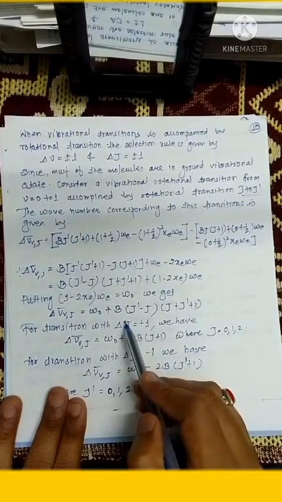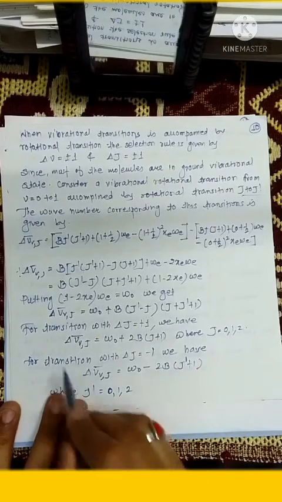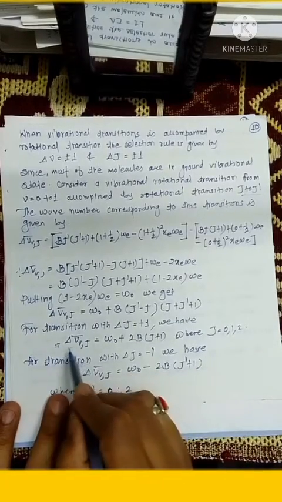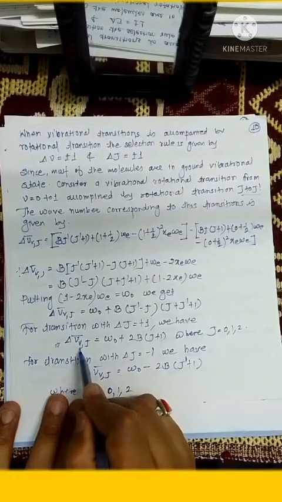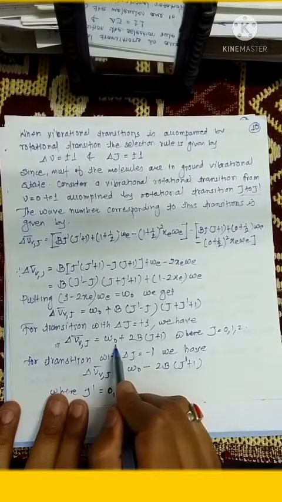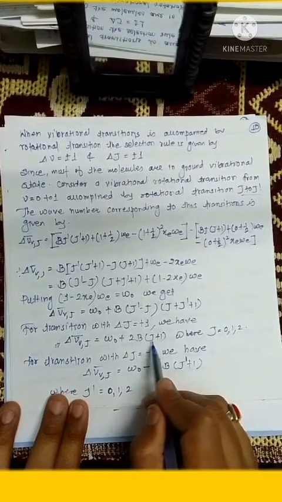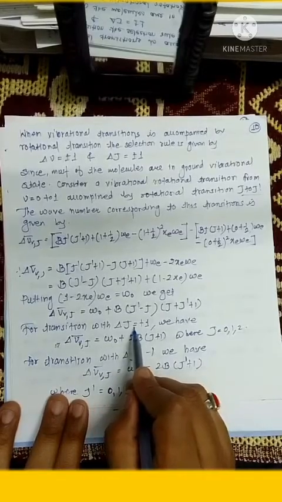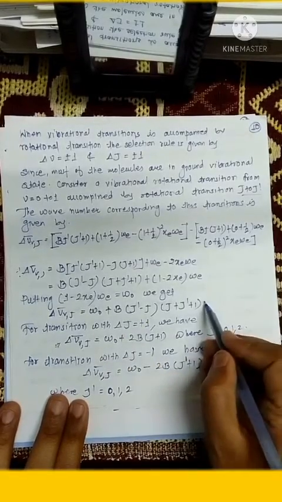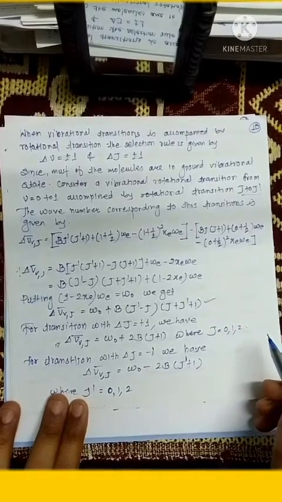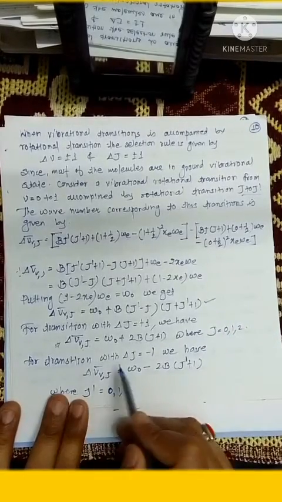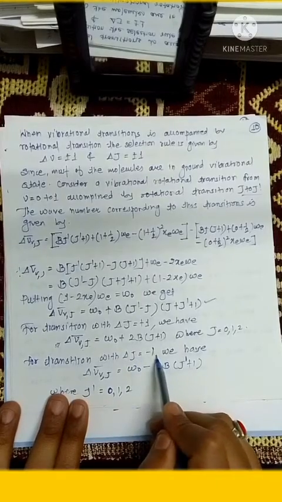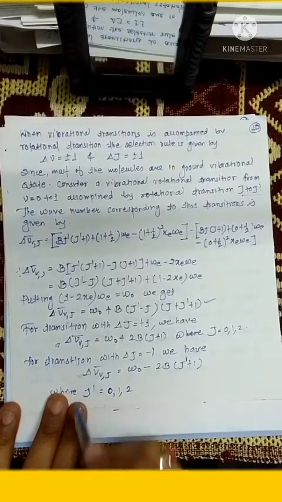After solving this equation, we come up with this equation, that is delta nu comma j is equal to omega 0 plus 2 times b into bracket j plus 1. If we put the value of delta j is equal to plus 1 into this equation, and if we put delta j is equal to minus 1, we get this equation.